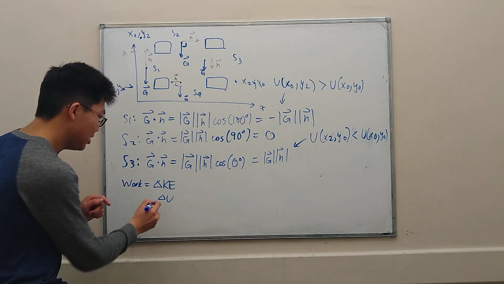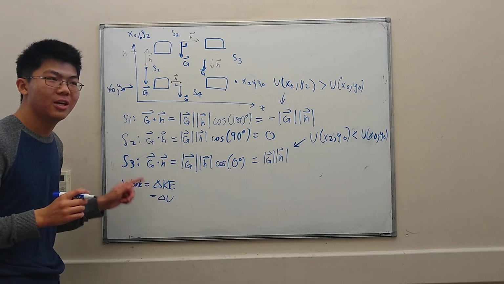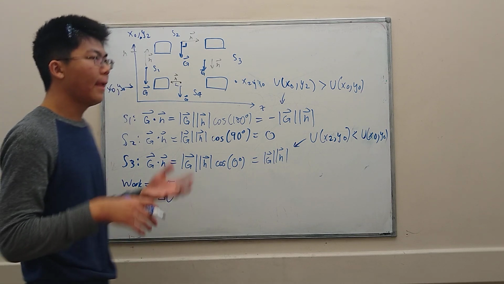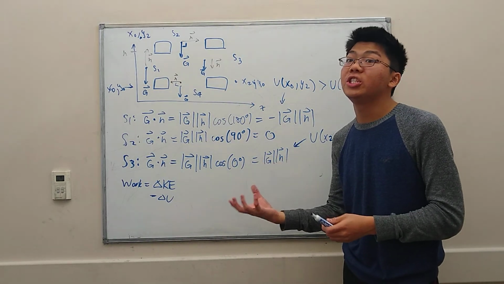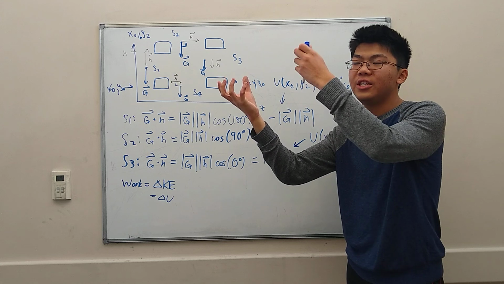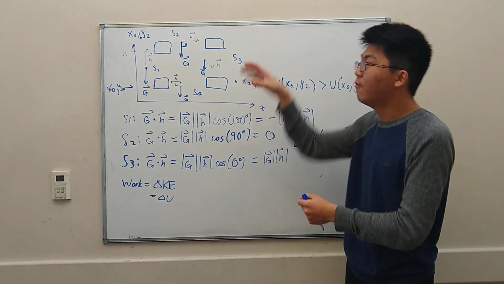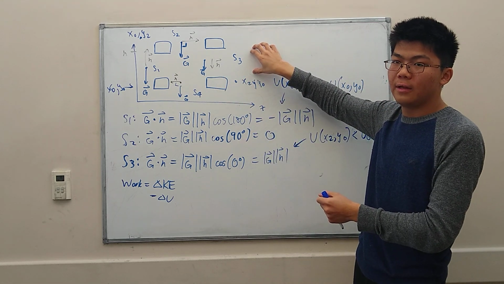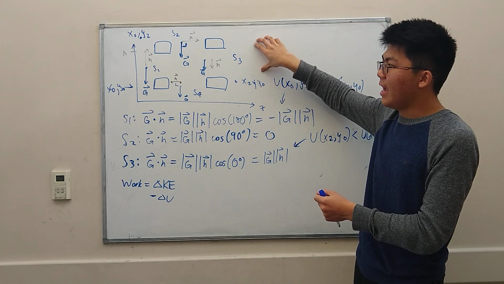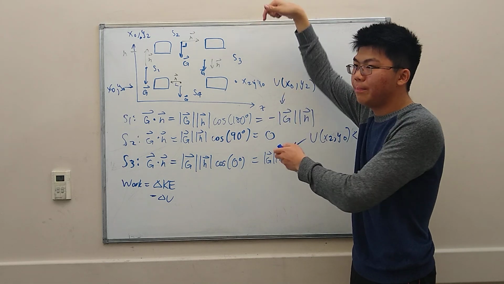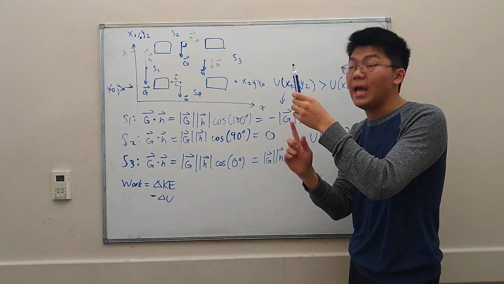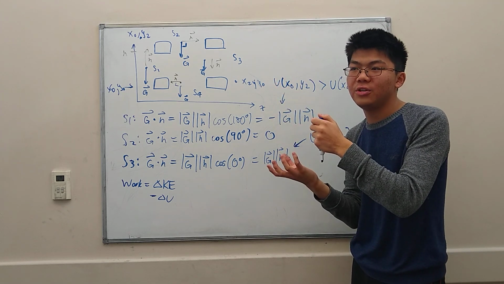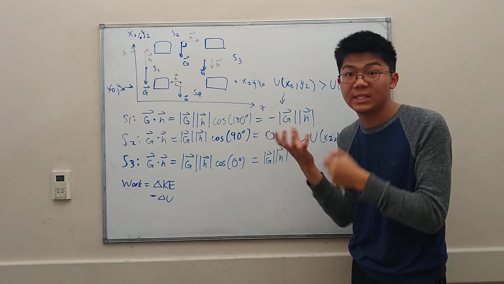Work is actually the negative of the change in potential energy. So what happens is, as kinetic energy increases, our potential energy decreases, for this example. And as the kinetic energy increases, the potential energy decreases, and vice versa.